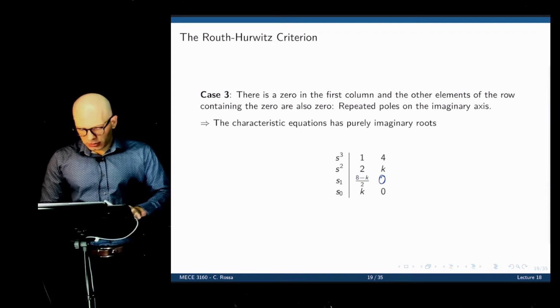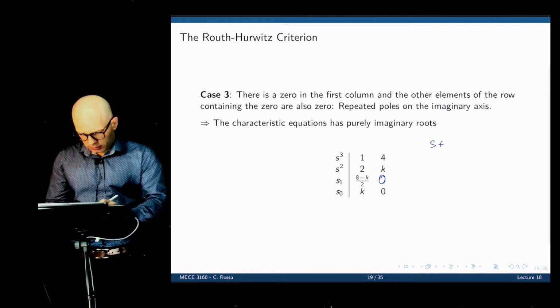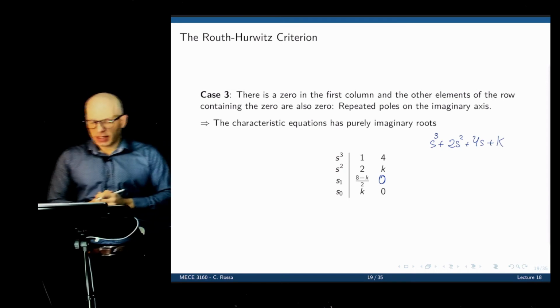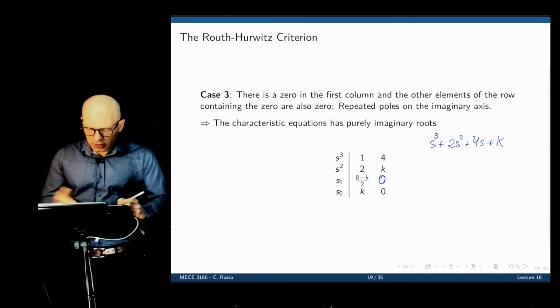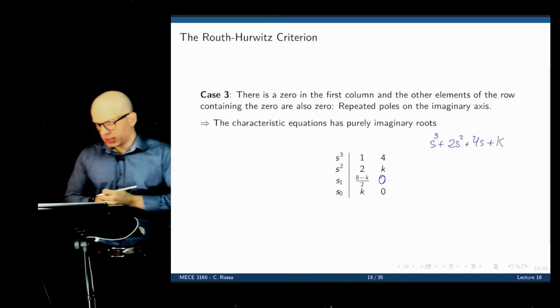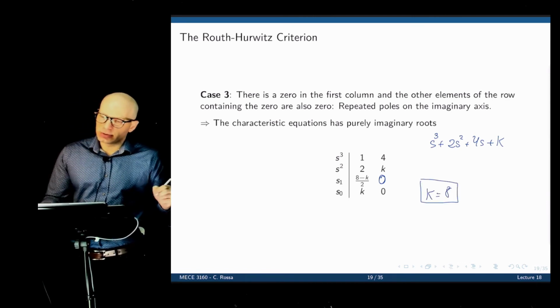In this polynomial I had s^4 plus 2s^3 plus 2s squared plus 4s plus k. Filling out the table like that, we can see that now the row of s^1 has an element that is 8 minus k divided by 2. When k equals 8, the entire row is 0.